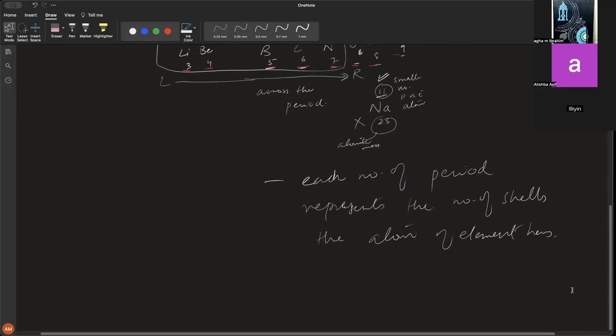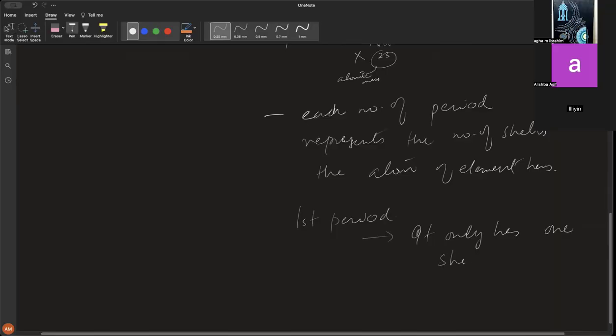Let's say if something is in the first period, it means it only has one shell. An example is hydrogen. Hydrogen is in the first period, so it only has one shell. You understand? It only has one shell.